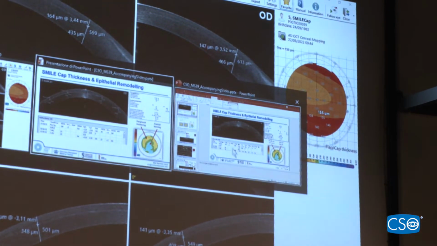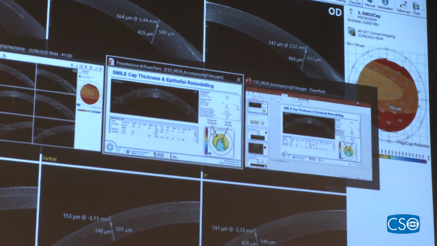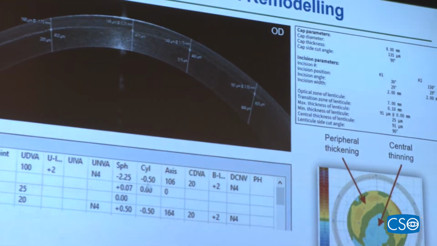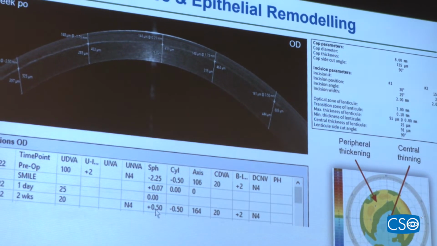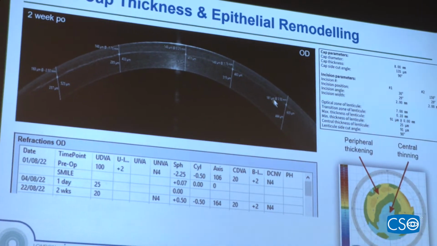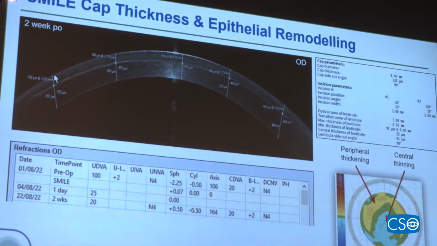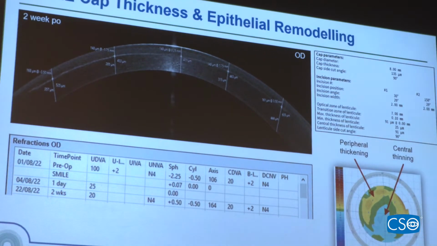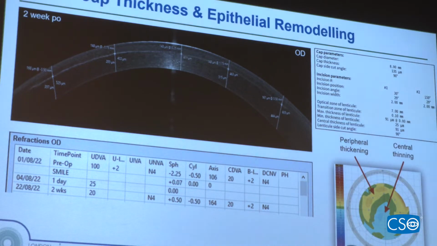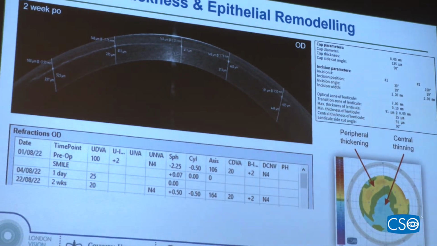If I show you this case, this was a minus 2.25, which ended up on target. But if I had to do an enhancement, you cannot measure the cap and know what the cap was at the time of the surgery because the epithelium has changed. Many publications try and do the flap thickness measurements post-op to see if they were accurate, but the epithelium changed, so you can't do that.